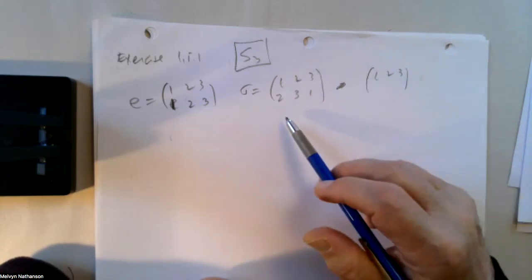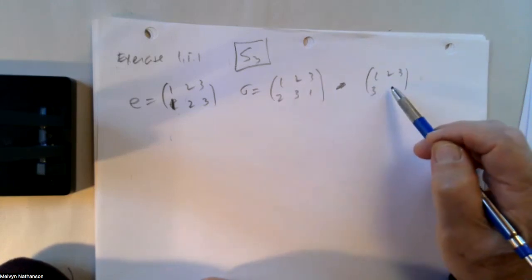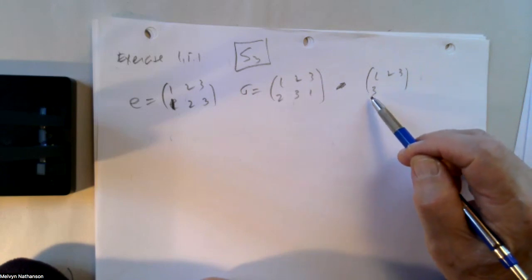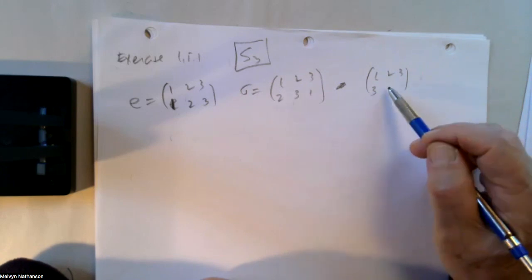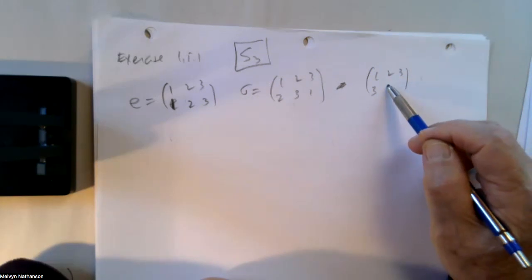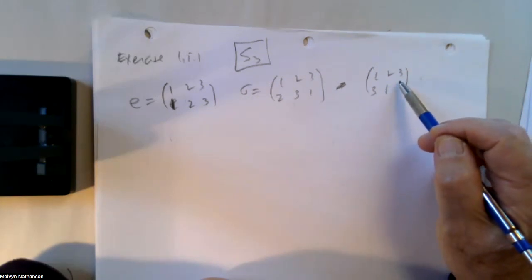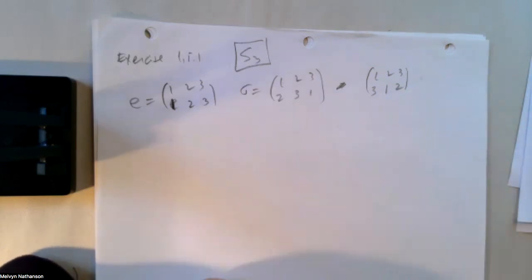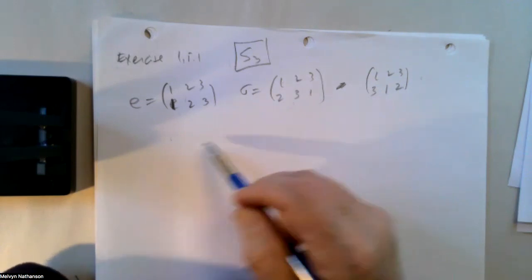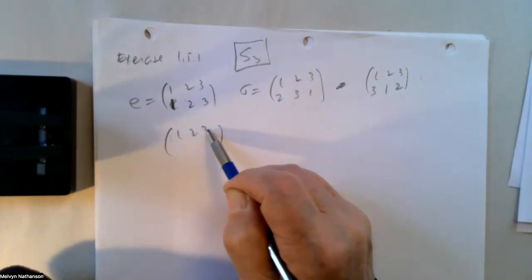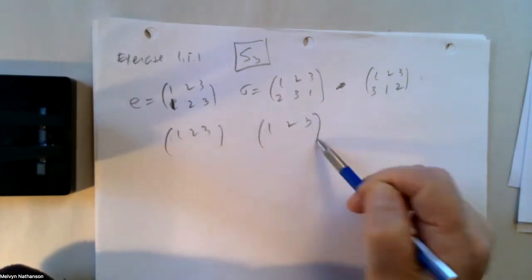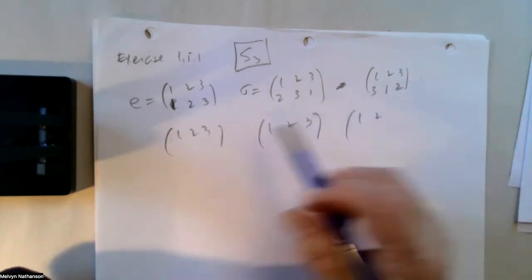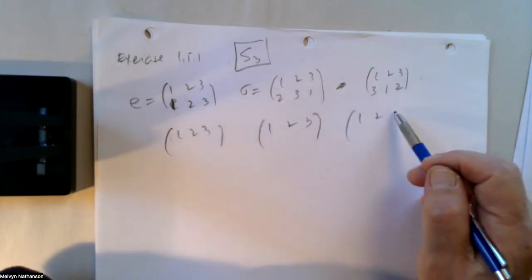You could send 1 to 3, 2 to 1, and 3 to 2. That's another permutation. So these 2 permutations, everything gets moved. In this permutation, nothing gets moved.